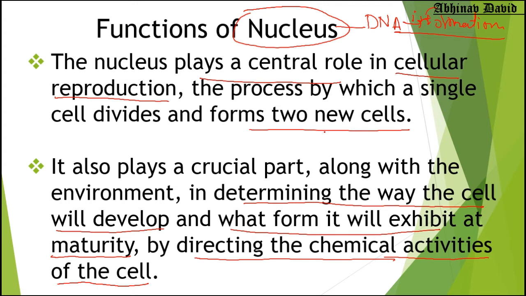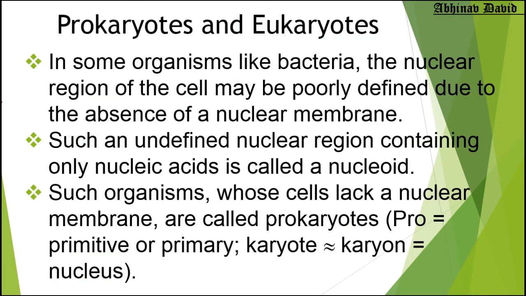Now let us move to the next part, called prokaryotic and eukaryotic cell. As you can see on the screen, what does prokaryote mean? Prokaryote is basically made from two words, pro and karyon. Pro means primitive, and the word karyote is made from the word karyon.